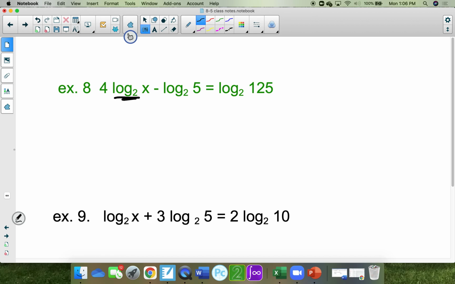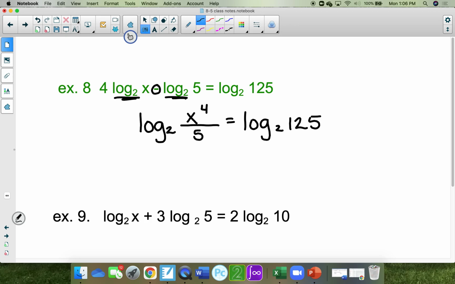As you can see, there's a log of base 2 on the left side. I know that it needs to be x to the 4th divided by 5 because of the minus sign. This also equals the log of base 2 of 125. Notice that there's a log of base 2 on each side, so all you have to do is set them equal to each other without the logs.